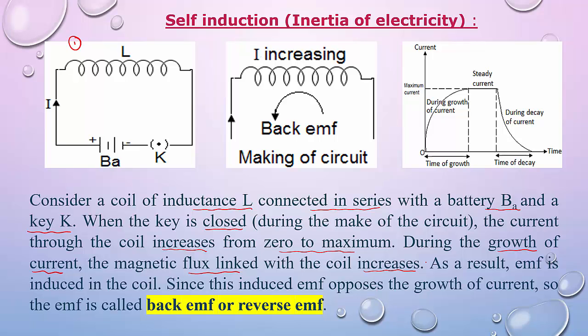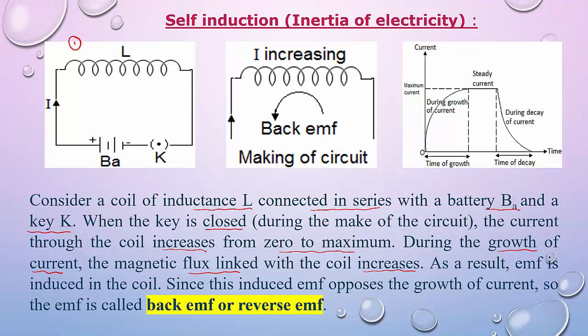When a current is flowing through the coil, it is surrounded by a magnetic field. So the magnetic field linked with the coil changes when the current increases. Here the current is increasing from 0 to maximum. When the current increases, the magnetic flux also increases. The magnetic flux linked with the coil increases.